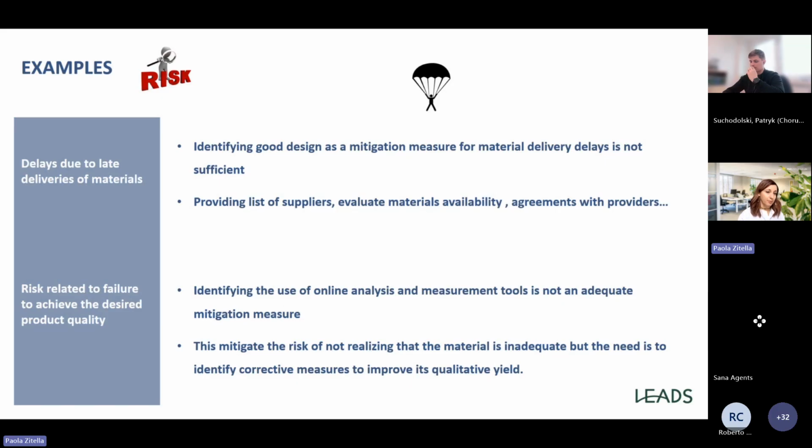Or another example, the risk related to failure to achieve the desired product quality. Identifying the use of online analysis and measurement tools is not an adequate mitigation measure. This mitigates the risk of not realizing the material is inadequate, but the need to put corrective measures in place is something different.